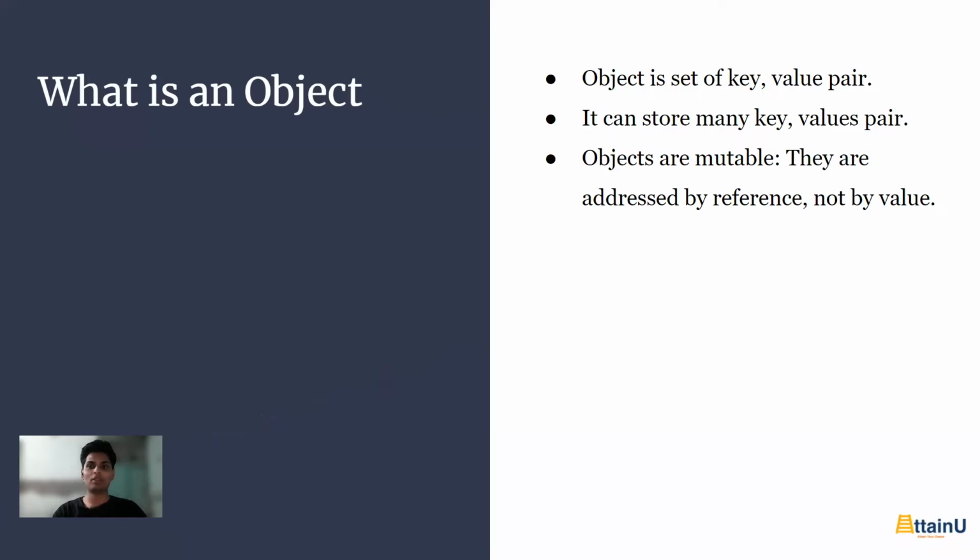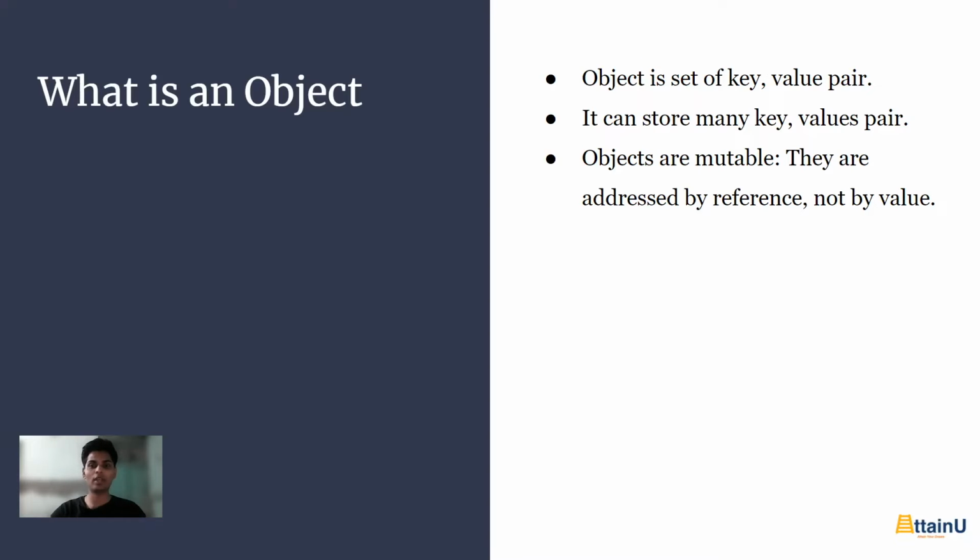Objects are mutable, so basically they are addressed by reference, not by value. So what happens when you allot a memory to an object? Memory is allotted to that object, and that memory reference is saved by the JavaScript code.